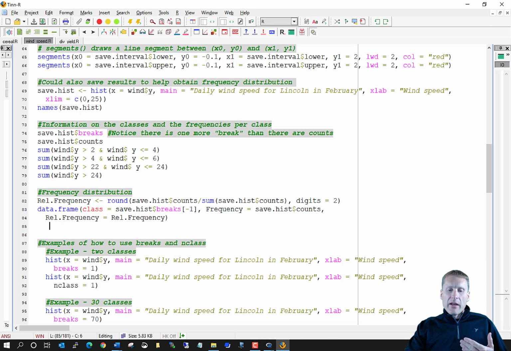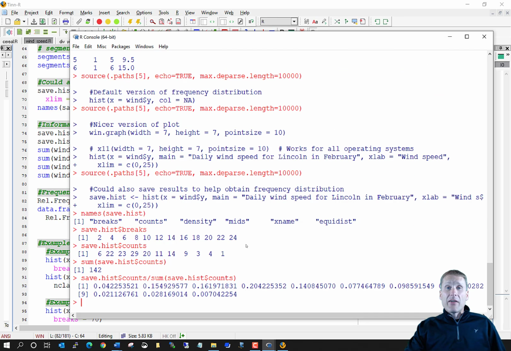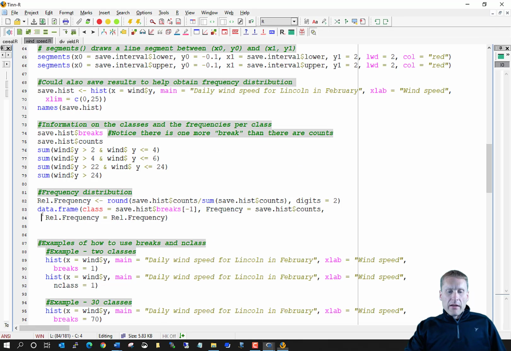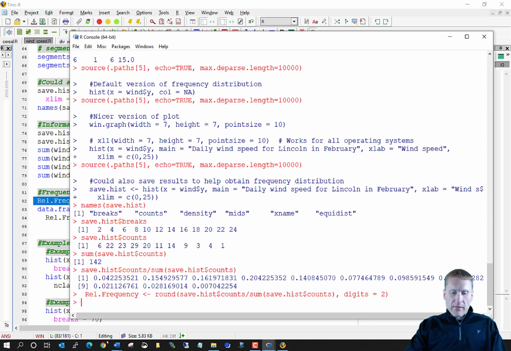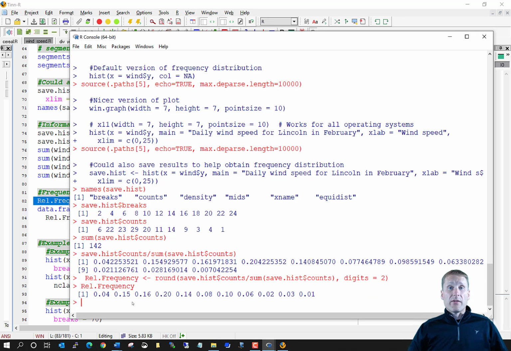If I then take all the counts divided by the sum of all the counts, we now get these relative frequencies that we saw on page 1 in that table. Now, how about we round those values to 2 decimal places and put that in an object called rel.frequency. And here is information that we can use for the relative frequency distribution.